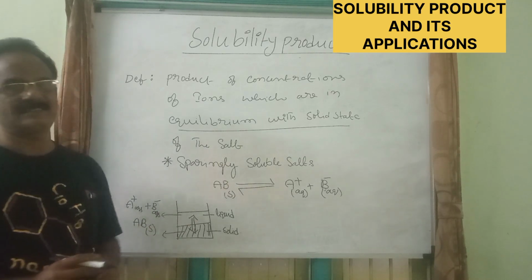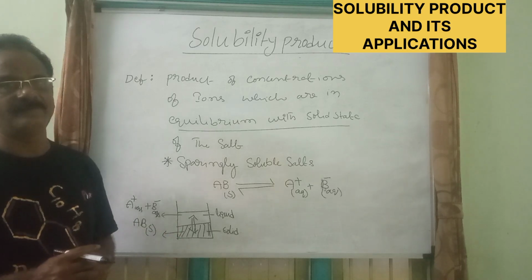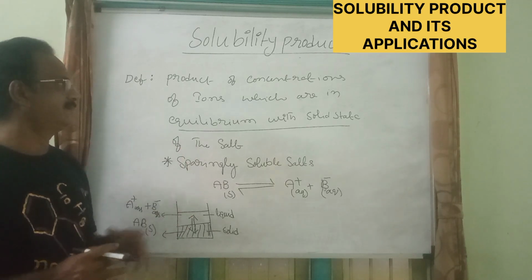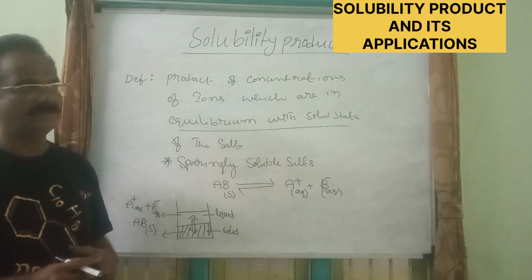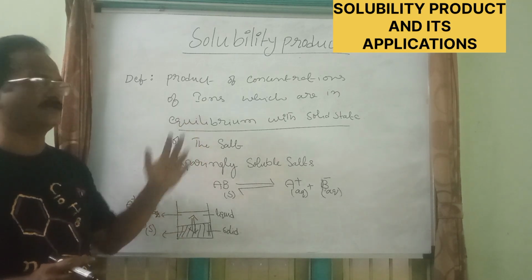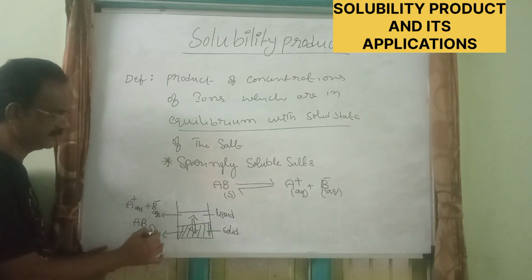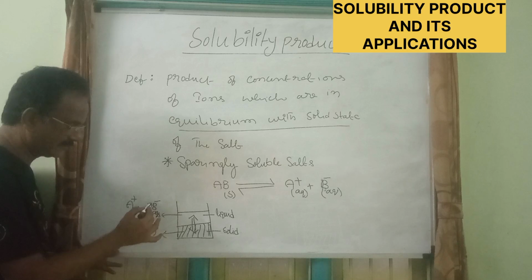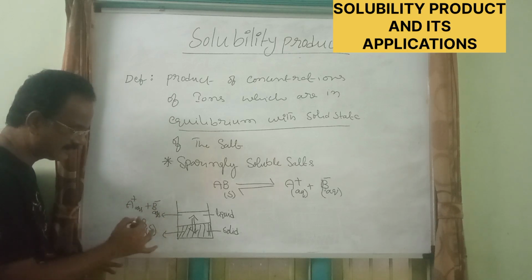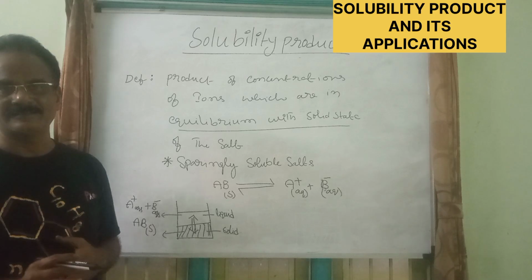So in such case solubility product will be triggered. So as per definition, the product of concentrations of ions which are in equilibrium with solid state. Here these are ions and this is solid state. Okay, this is equilibrium between the ions and the solid state. That is said to be solubility product.